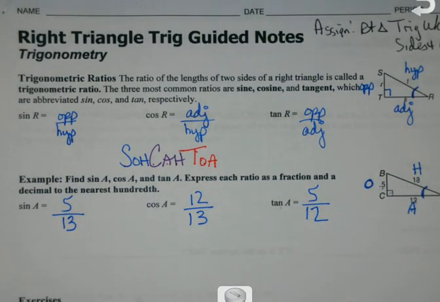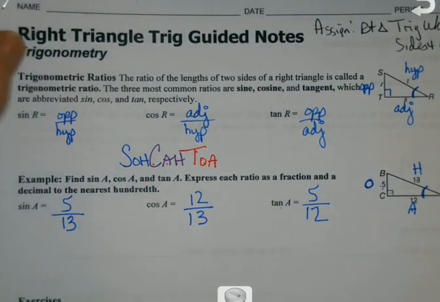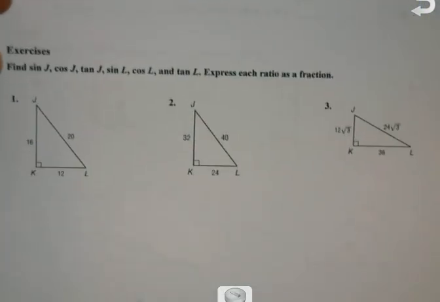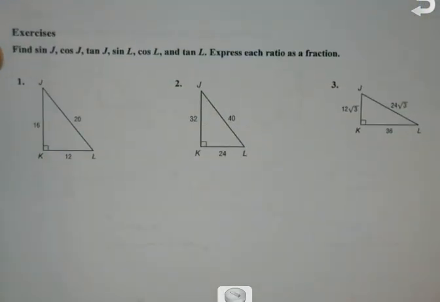I know it says "and as a decimal," but again, 9 times out of 10, you're just going to leave it as the fraction anyway. We'll stick to that, even though we will be dealing with some decimal stuff here in a little bit. So it's not too bad. We're going to take a look at a couple of these where you might get a twist or two involved. We're going to look at number 1 and number 3 down below.